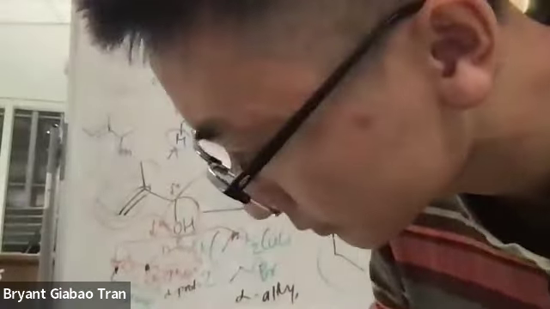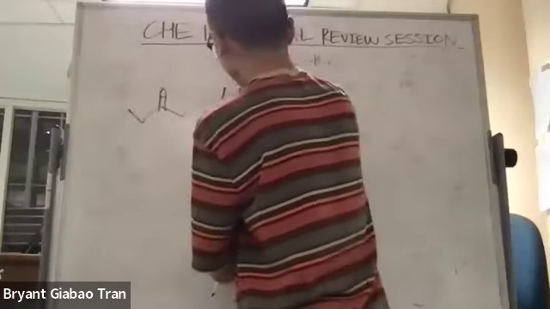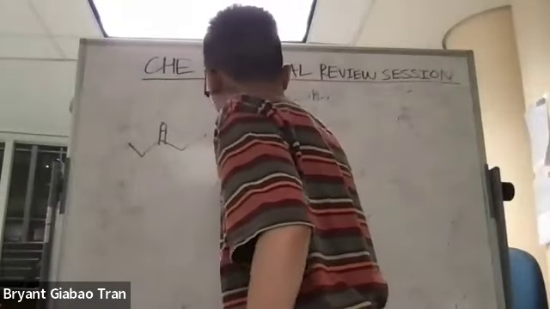And the first step was to add NaH, the second step is CH3CH2Br, the third step CH3Li, and the fourth step was acid workup. Yeah, right.